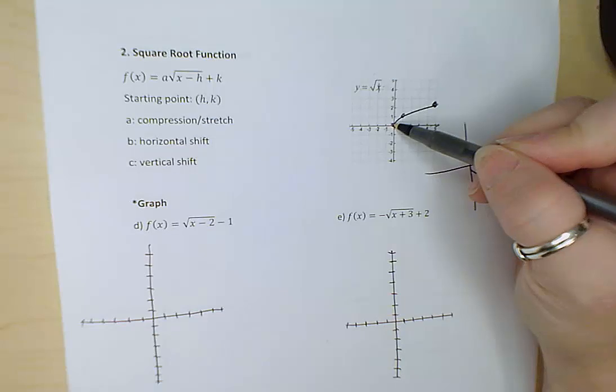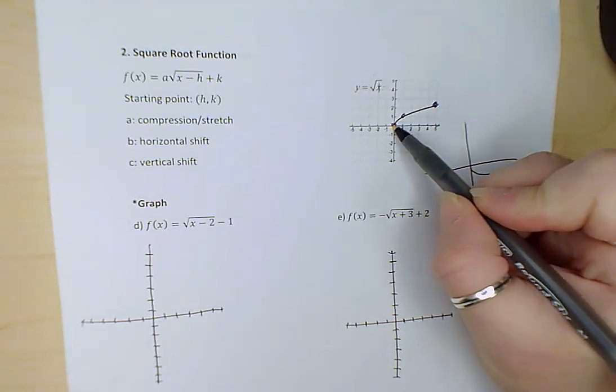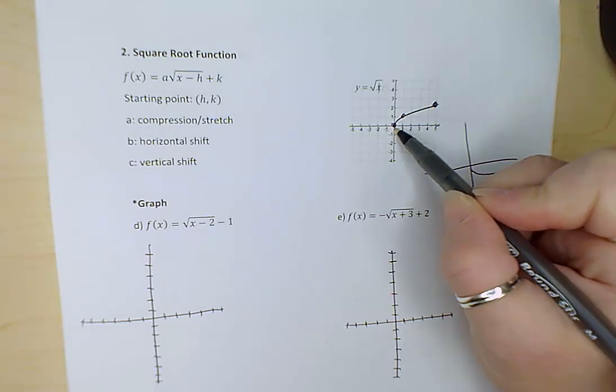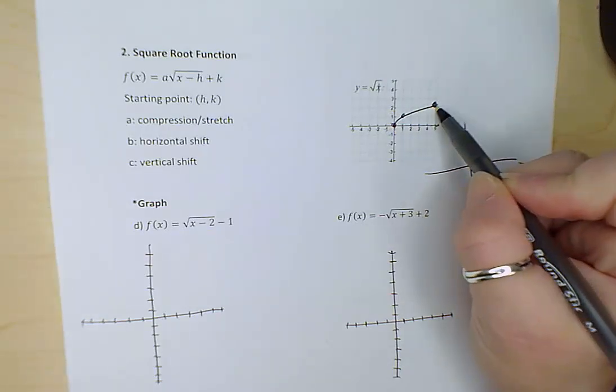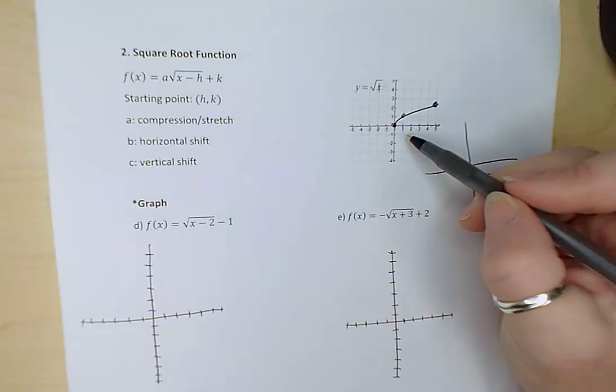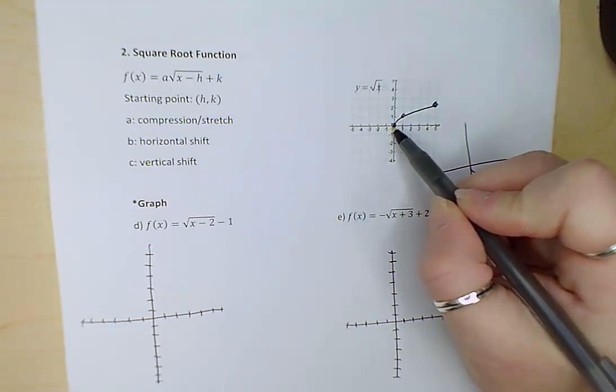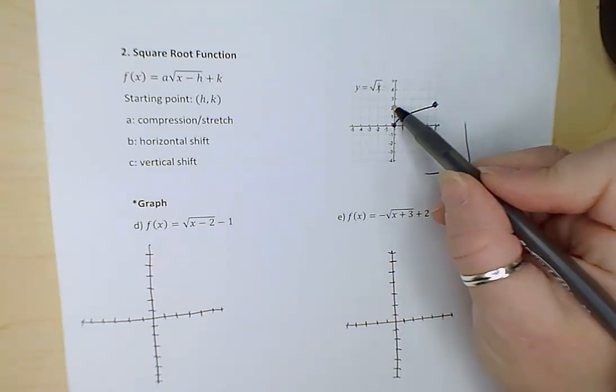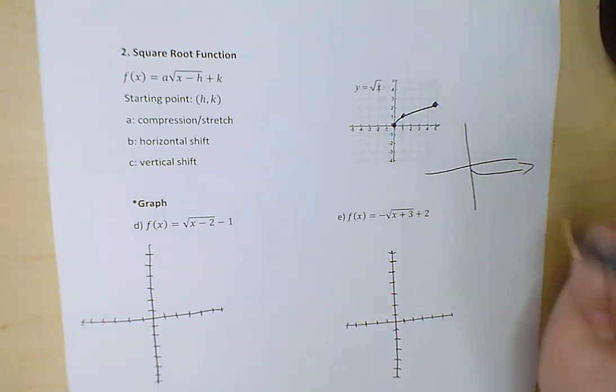So your starting point is going to be 0, 0. From there, up 1, over 1, and then still from there, up 2, over 4 from your starting point here.